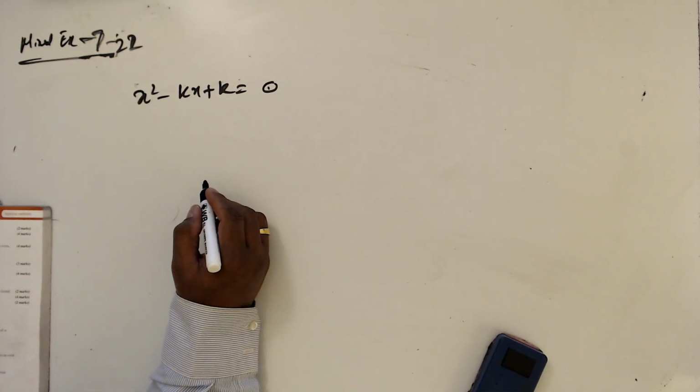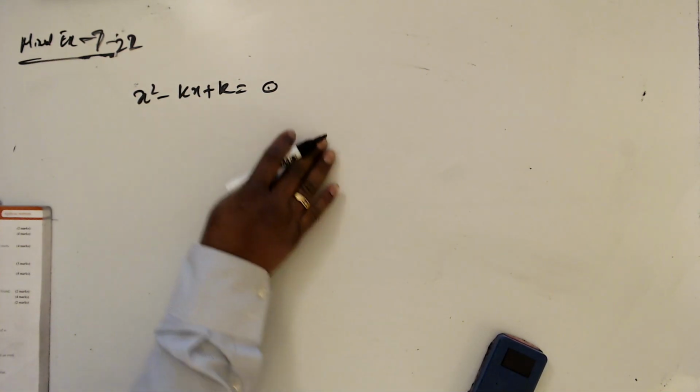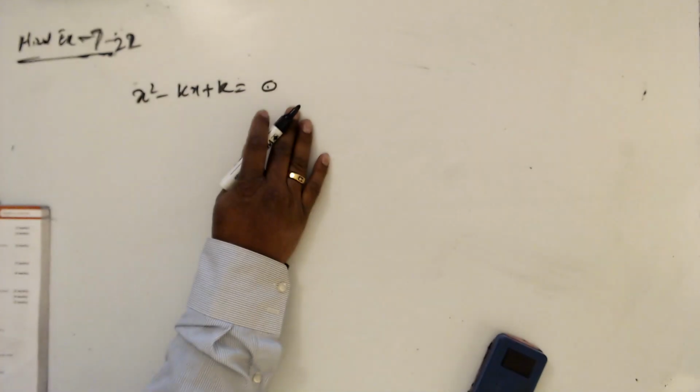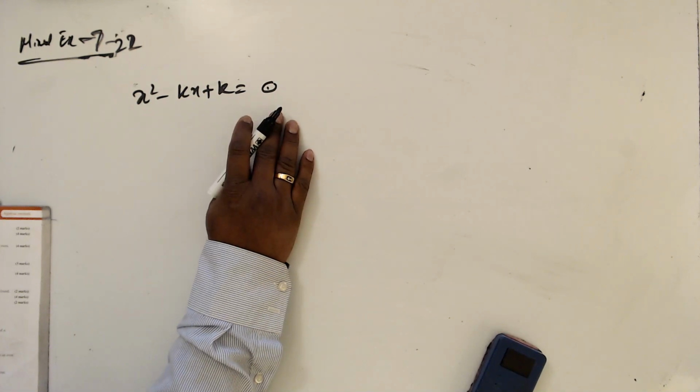Question number 22. We want to prove that k equals 4, but the data is given. This one has equal roots.